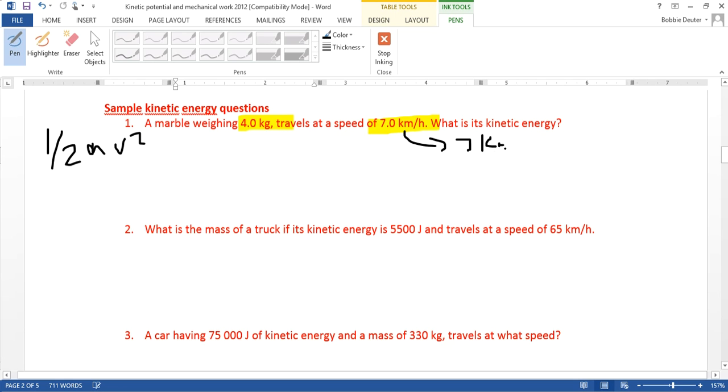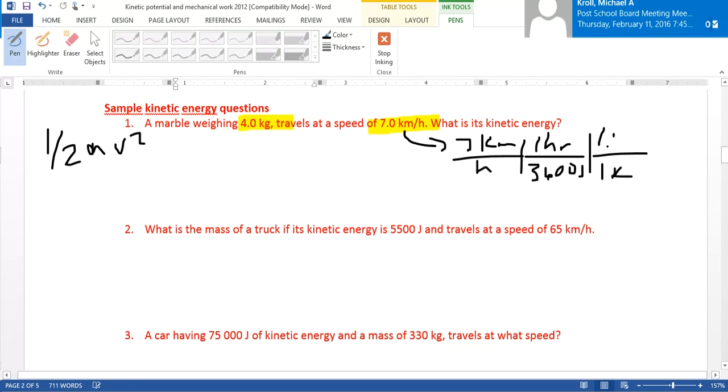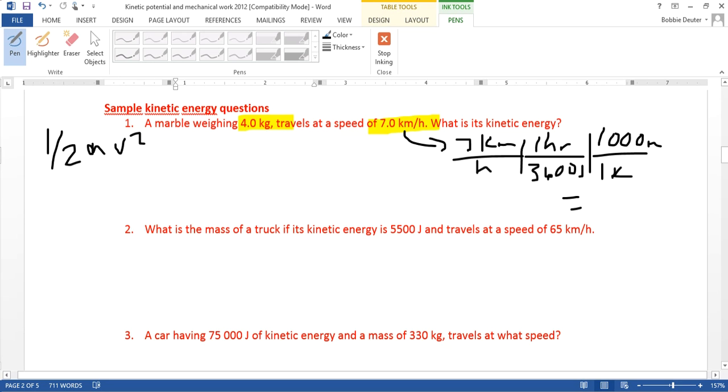7 km over an hour, 1 hour is equal to 3600 seconds over 1 km and 1,000 meters. So we are getting, for velocity, in this case, when you solve, 1.94 meters per second.